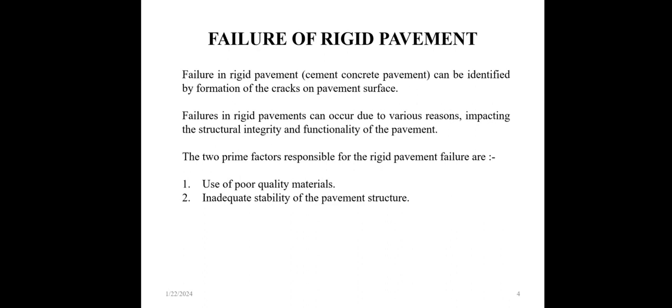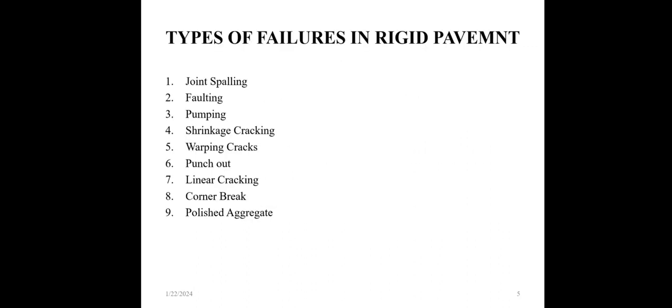Failures of rigid pavement. Failure in rigid pavement, cement concrete pavement, can be identified by the formation of cracks on the pavement surface. Failure in rigid pavements can occur due to various reasons and impacts the structural integrity and functionality of the pavement. The two prime factors responsible for rigid pavement failure are the use of poor quality materials and inadequate stability of the pavement structure.